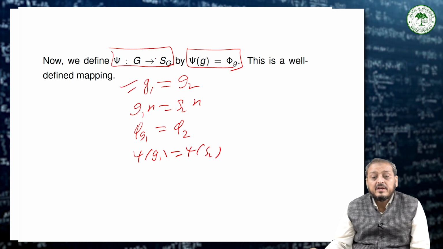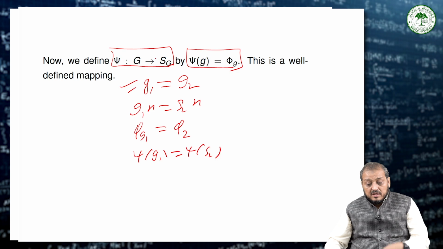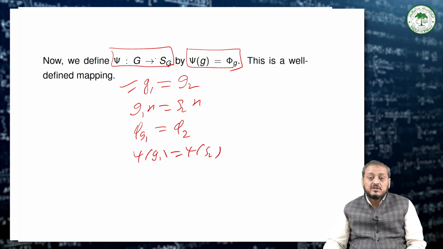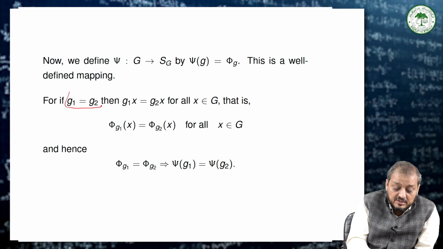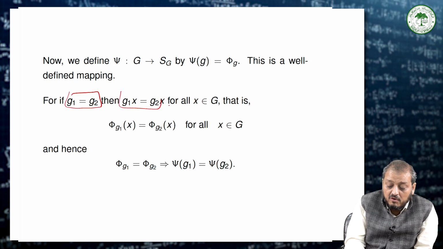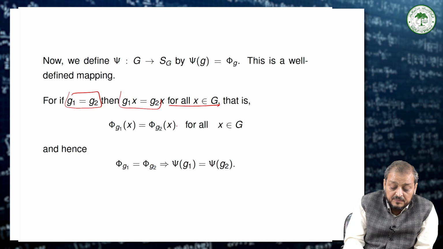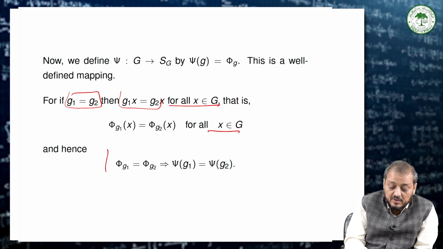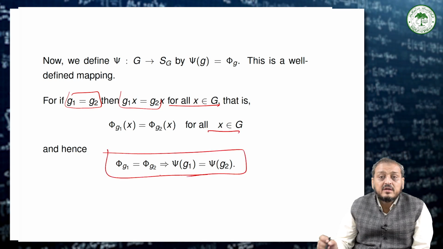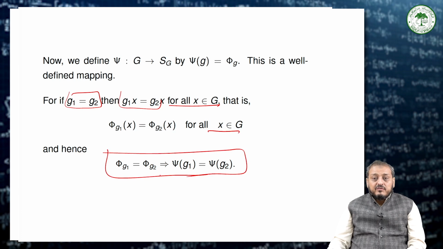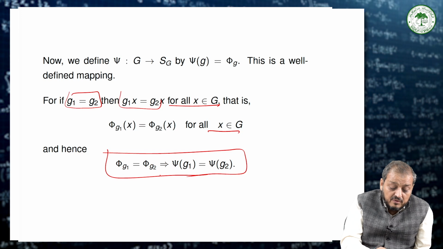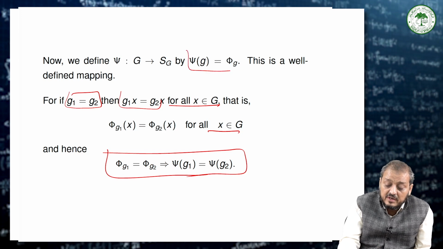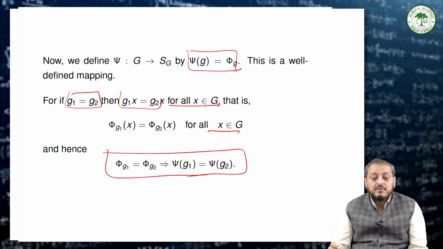So clearly the map we defined, psi of g equal to phi of g, is well defined. We take g1, g2, then for all x, that is, for all g.